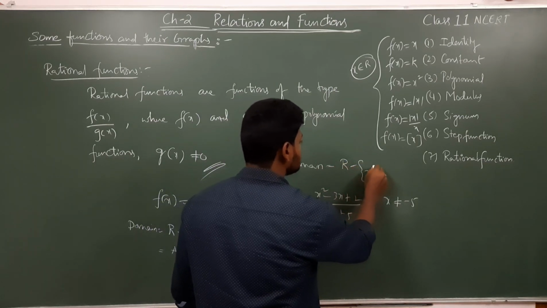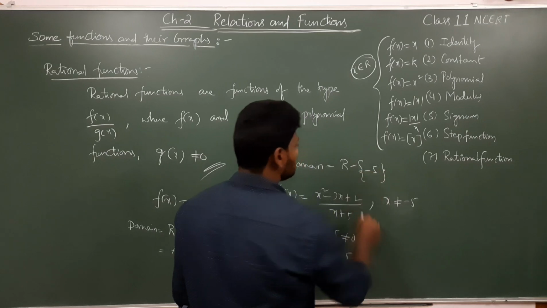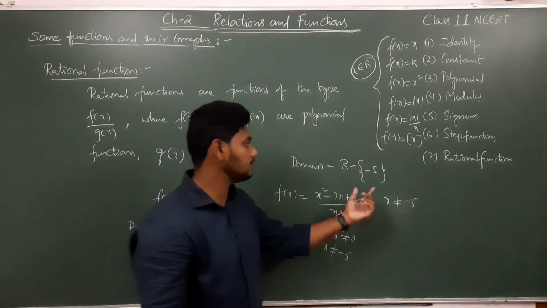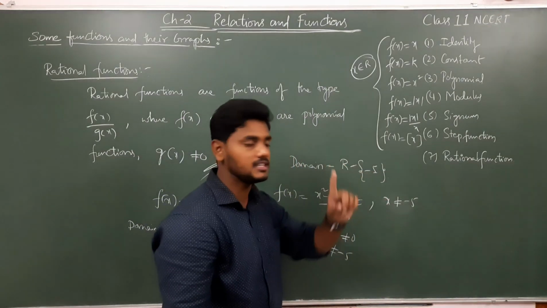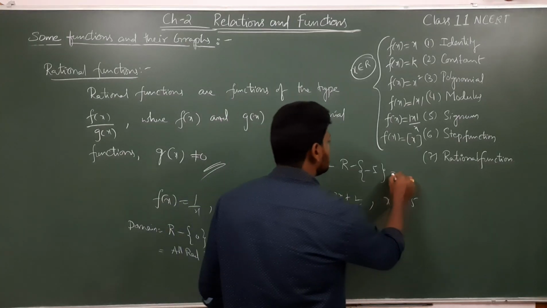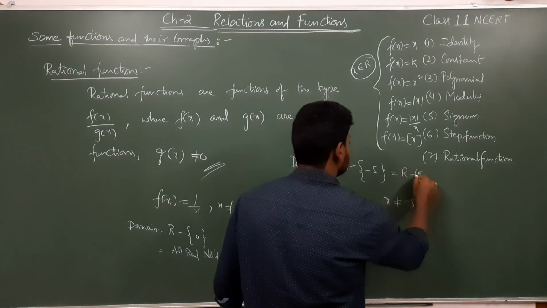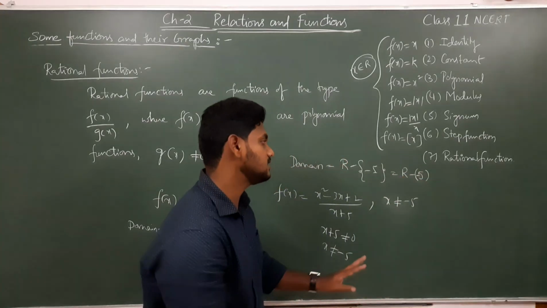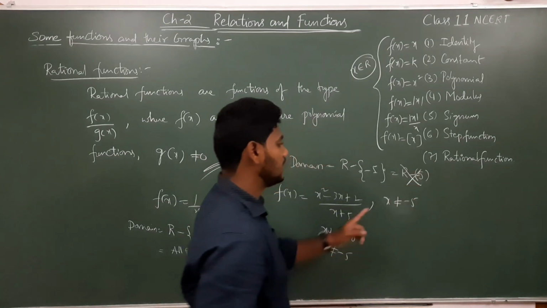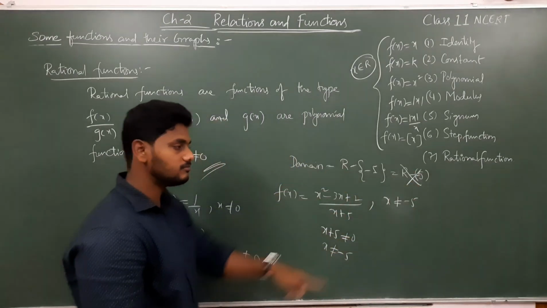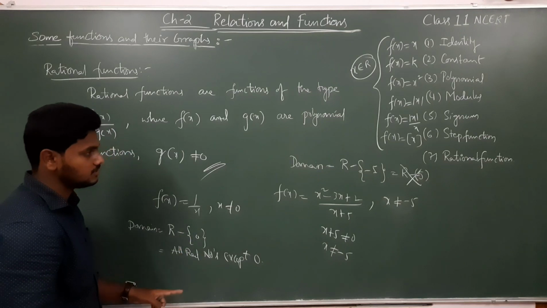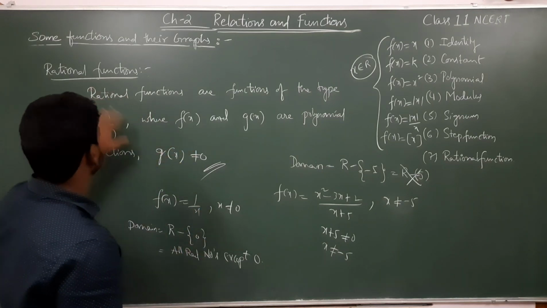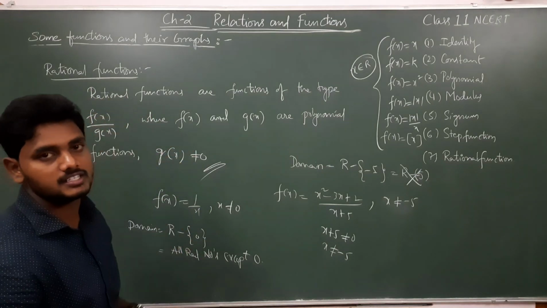So R minus the set minus 5. If you write in terms of a set, it represents an element, nothing but a number. But you should not write R minus 5 or R minus of minus 5. This is different. You need to write R minus the set of minus 5, R minus the set 0. Like that, those types of functions we will consider as rational functions.